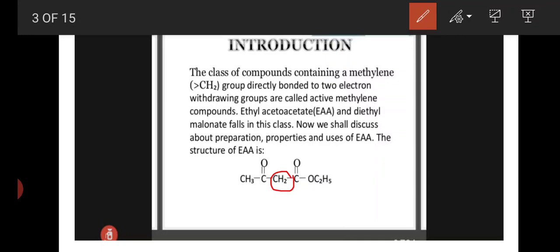This methylene group is present between two electron withdrawing groups, a C double bond O group on this side and also a C double bond O group on that side. C double bond O means an electron withdrawing group. So it is called an active methylene group. EAA has an active methylene group in its structure.